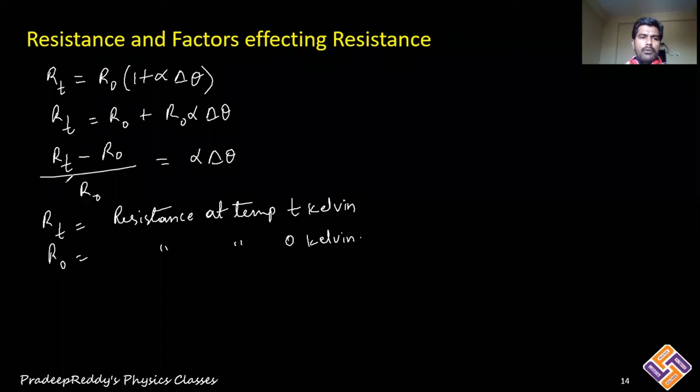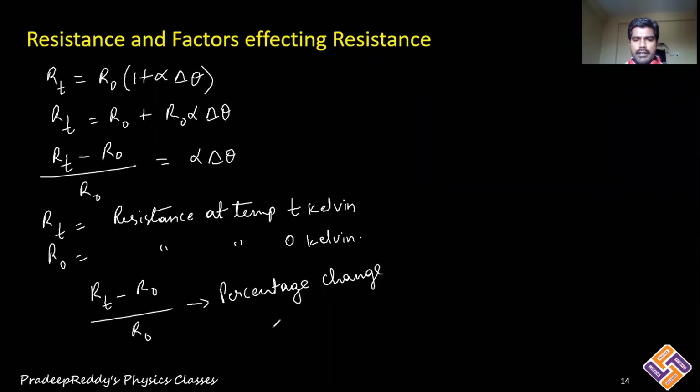Okay. So what is R_T minus R naught divided by R naught? This is the fractional change in resistance with temperature. So simply you can multiply this with 100, and that gives you the percentage change in the resistance of the conductor.